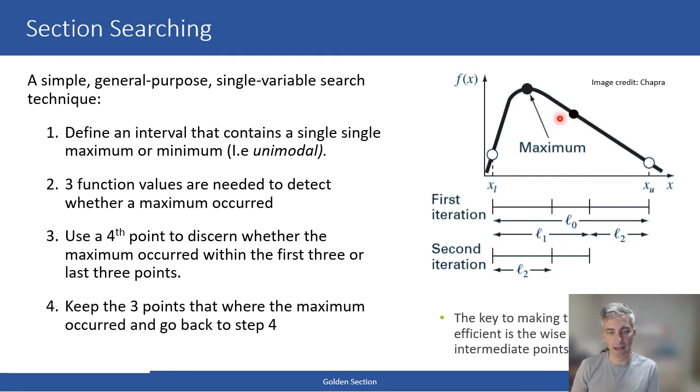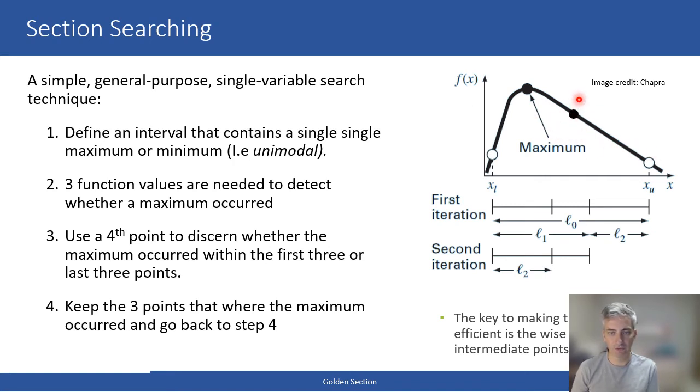And now I know that this peak here has a larger function value than my halfway point. So that means that the peak must have occurred in the first half of this curve, i.e. up until this point here. And it obviously didn't occur on the right-hand side of the fourth point.